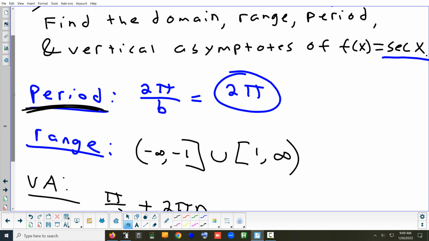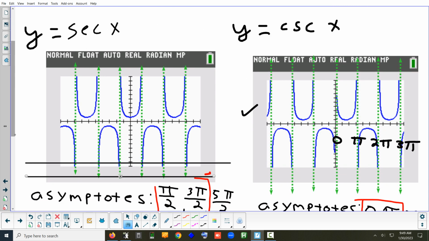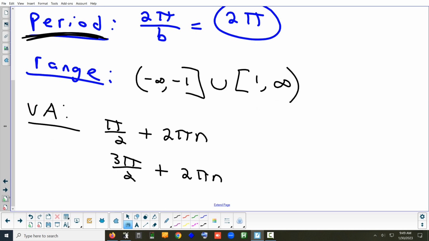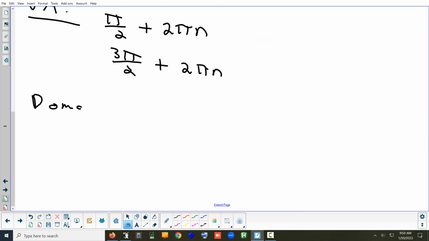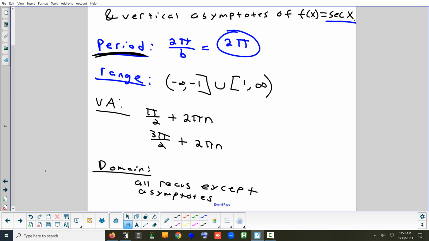Okay, so last thing they want is the domain. Well, look at your graph. The domain is everything except the vertical asymptotes. And that's how we write it. Once you write the vertical asymptotes, the domain is everything except those dotted green lines. So let's put domain. All reals except the asymptotes.